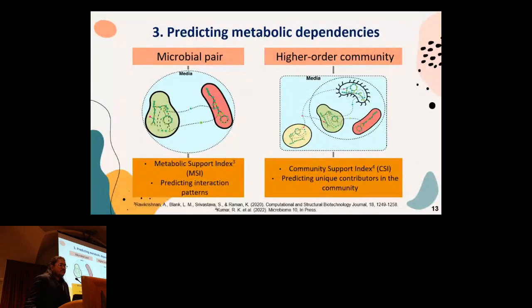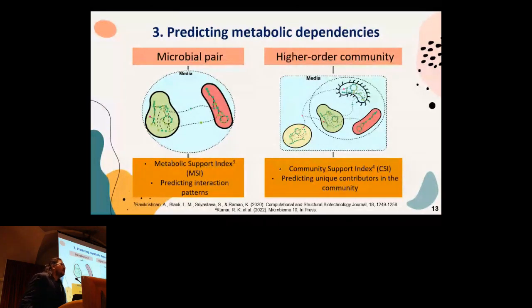Determining these different scores will help us understand possible interaction patterns that might occur in a community. In the case of higher order communities, we also get something called unique contributors. Unique contributors are those microbes with some special, unique metabolic capability.